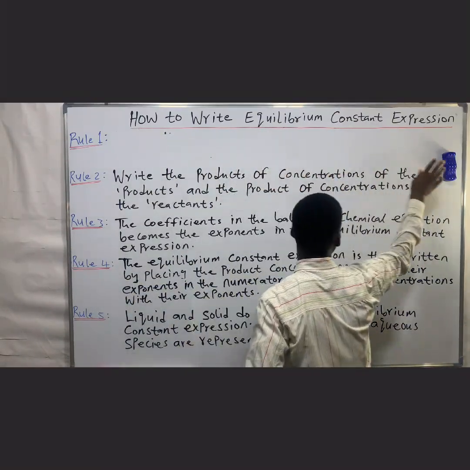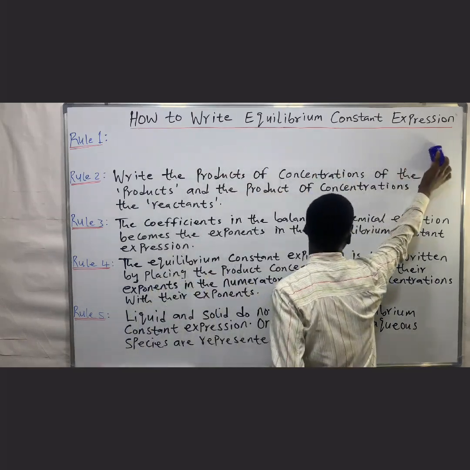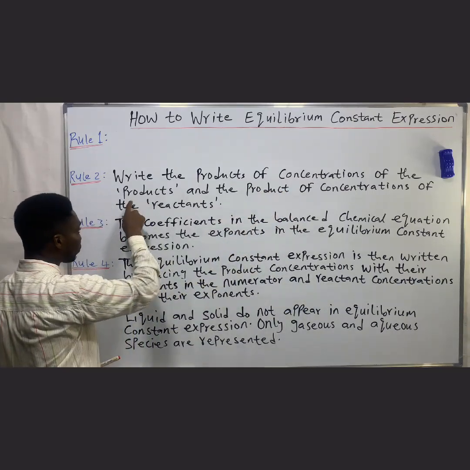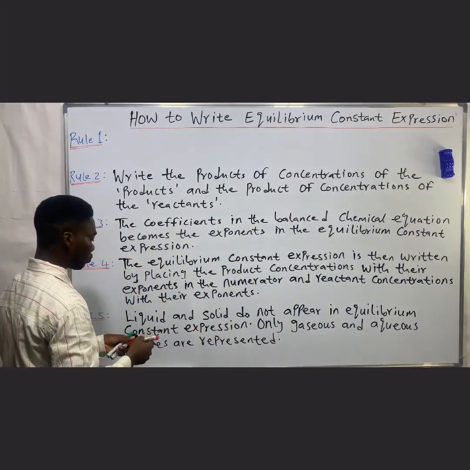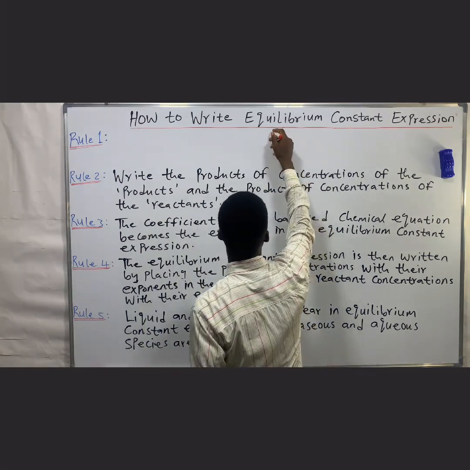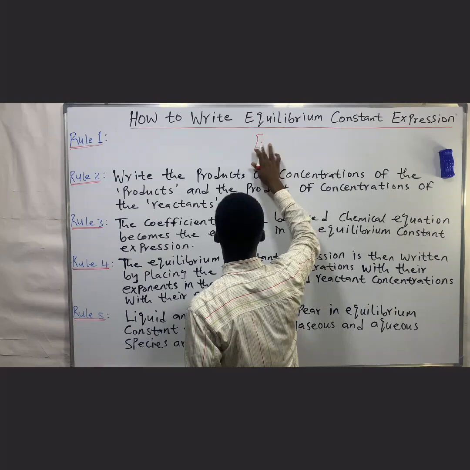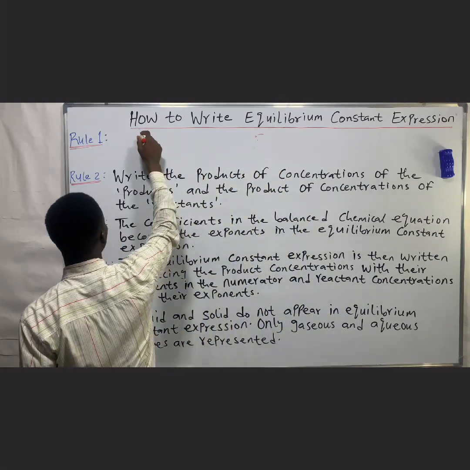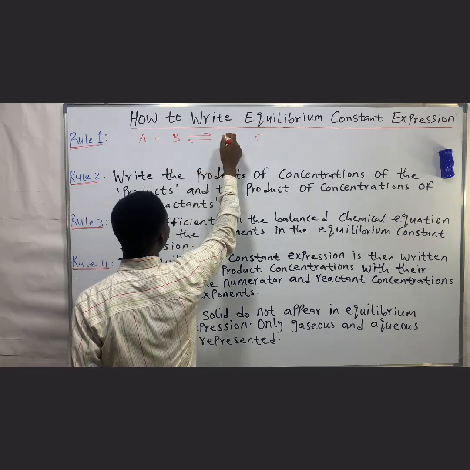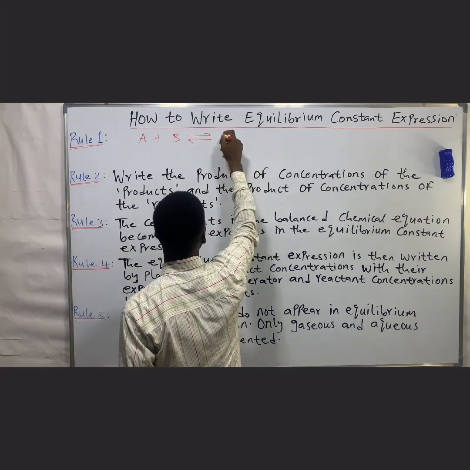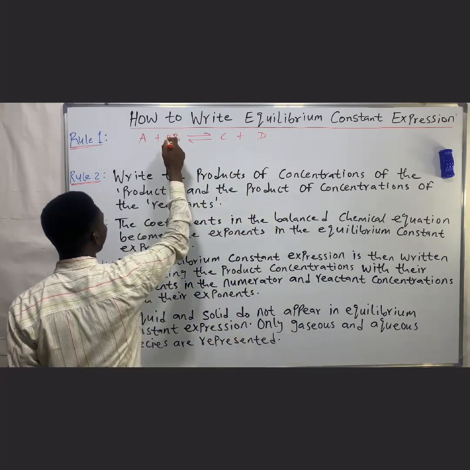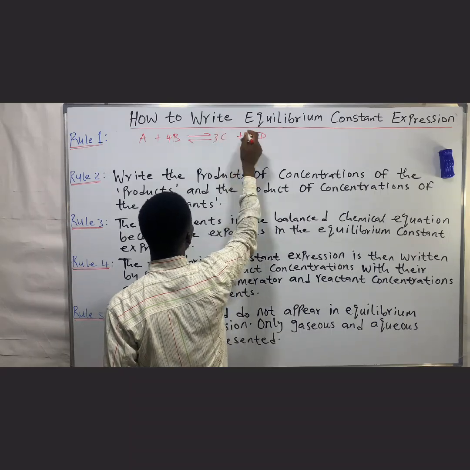Imagine I have A plus B, C plus D. Here is 4, here is 3, and here is 2.